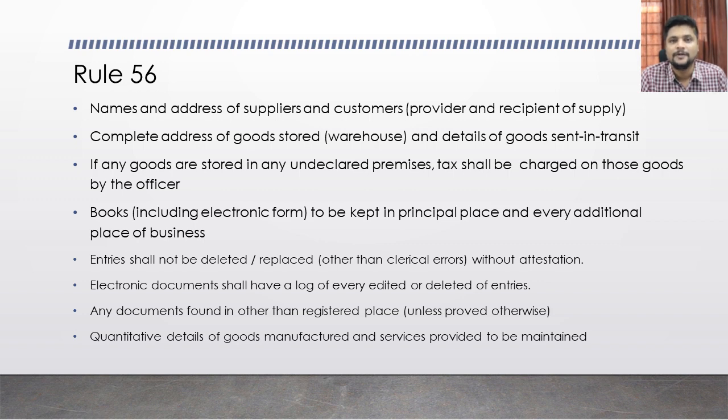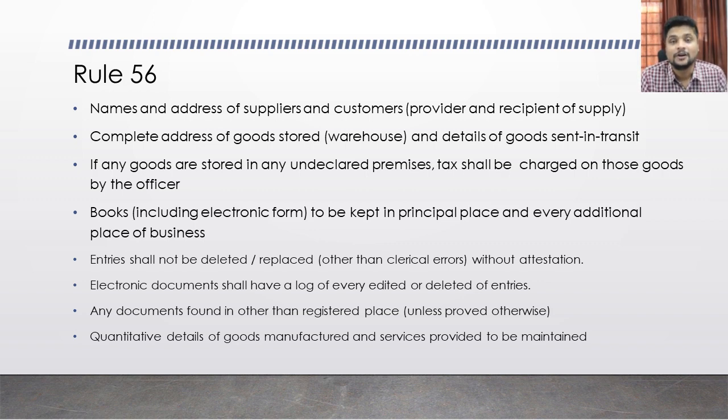In the principal place of business, all the books should be maintained. In any additional place of business, you all know that there is a principal place of business which is the head office type of thing. Along with that, the taxpayer can also conduct business in some other premises which can be declared as additional place of business under GST.